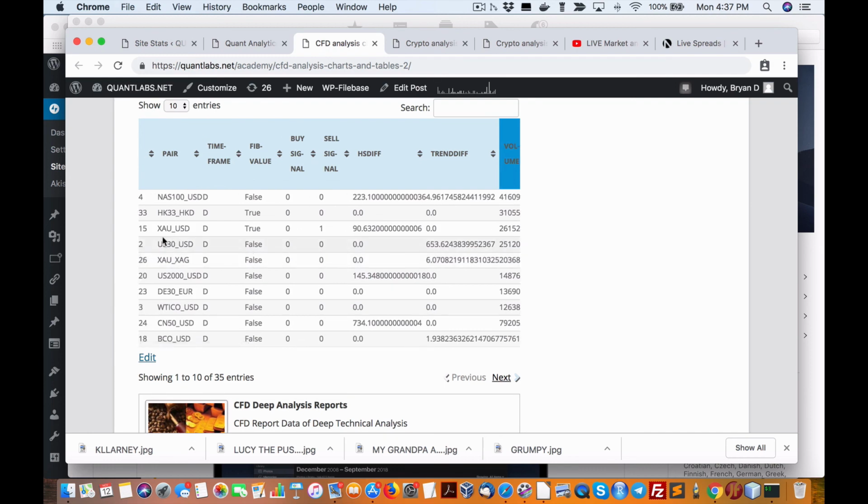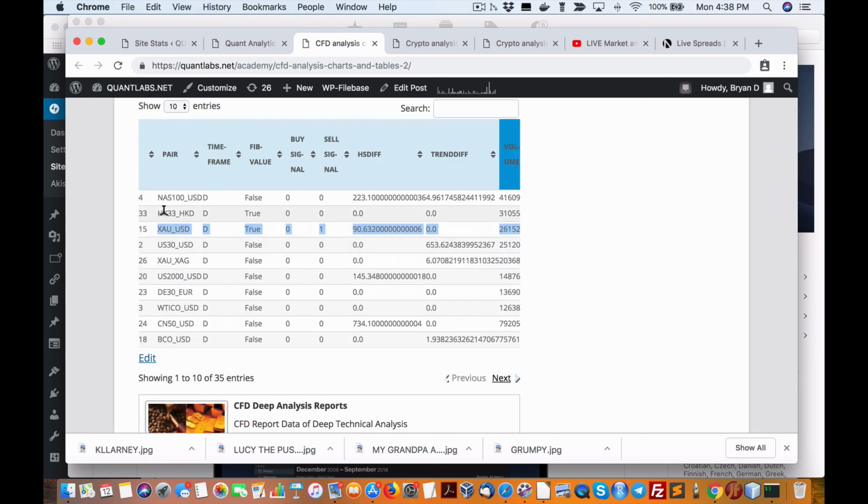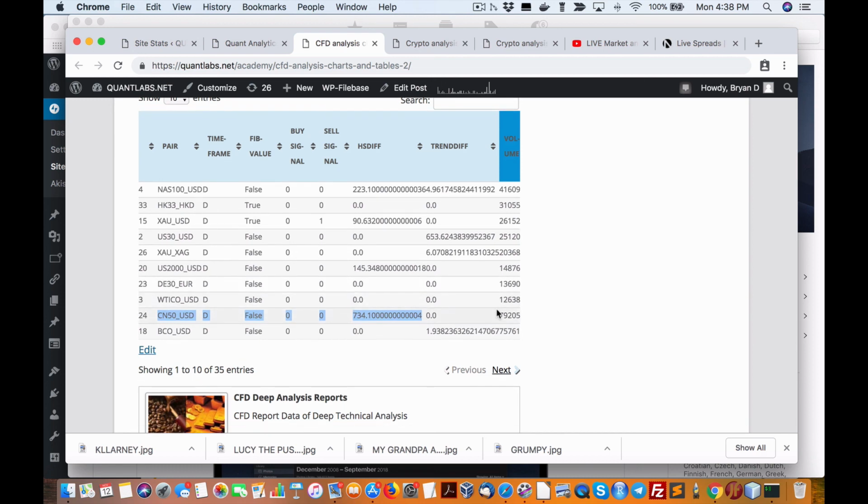I mean, this one here, XAU, obviously that's safe money going there. Also, Hong Kong is looking good. China, yeah, I have to look at that. I really got to look at the reports to see what they're saying. China may be another interesting one.